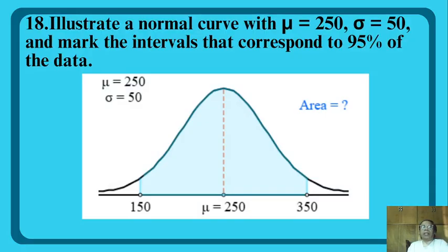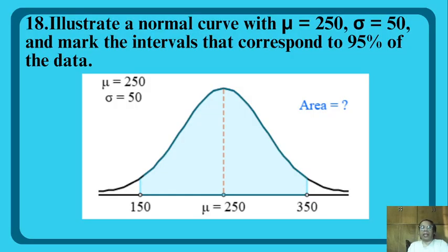Illustrate a normal curve with a mean equal to 250, sigma 50, and mark the intervals that correspond to 95% of the data. So we have the mean 250. 150 was taken from 250 minus twice of 50, which is 150.